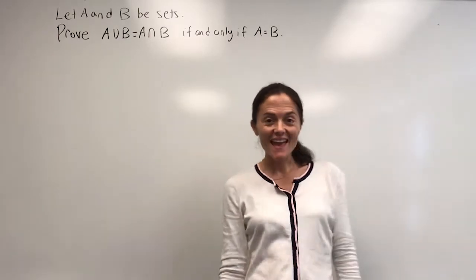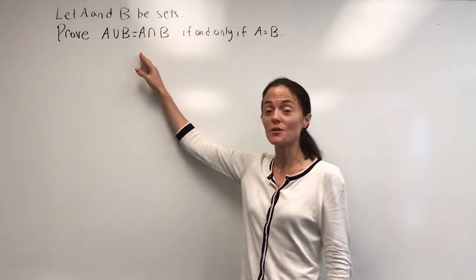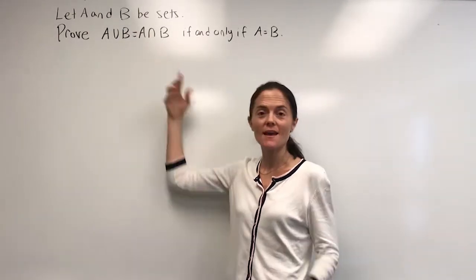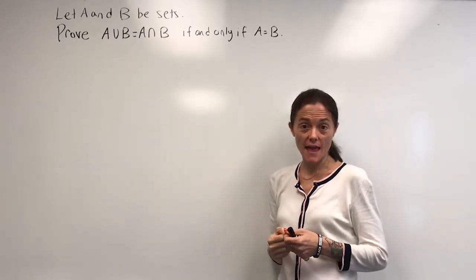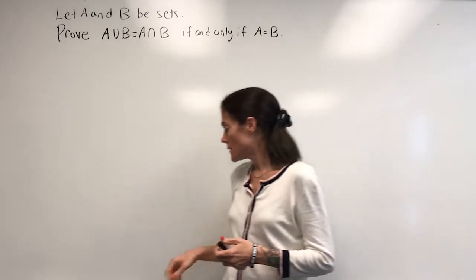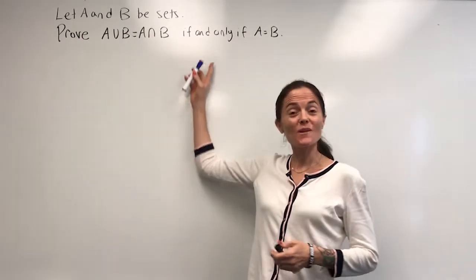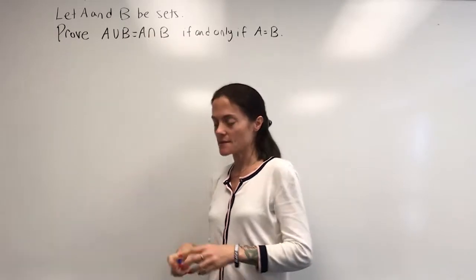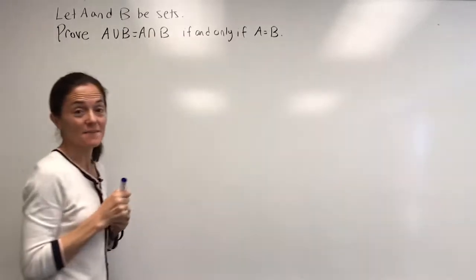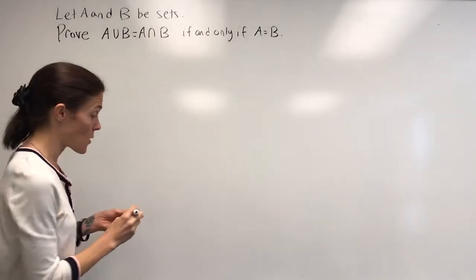For sets A and B, we want to prove that A union B equals A intersect B if and only if A equals B. And this is an if and only if proof, so we have two directions to prove. And I will try to illustrate some different proof techniques as we go about.